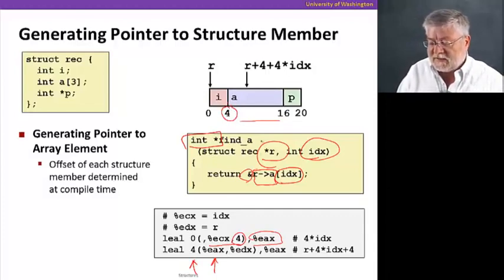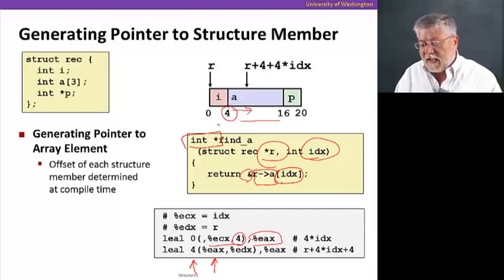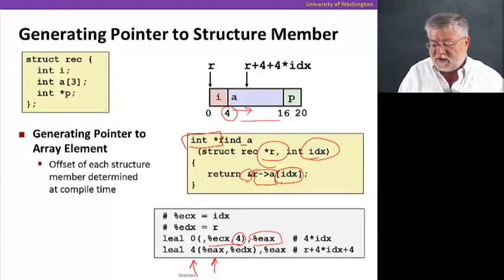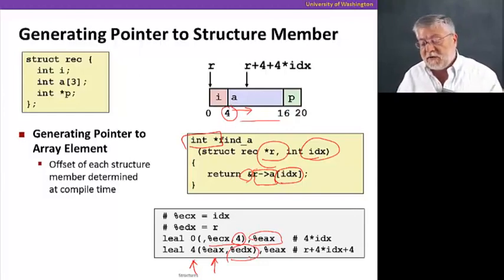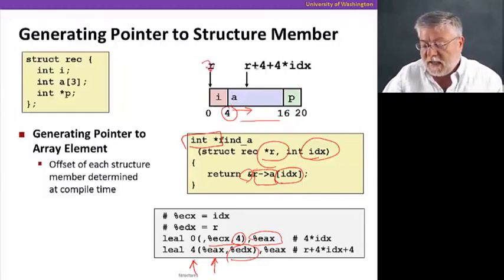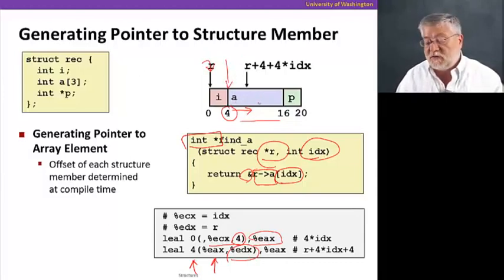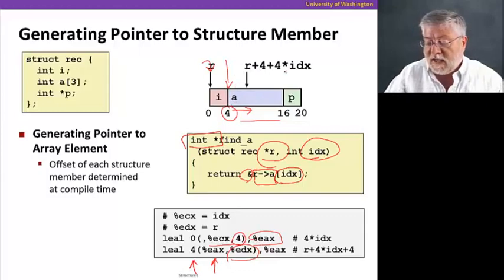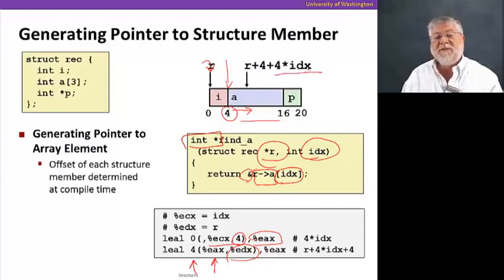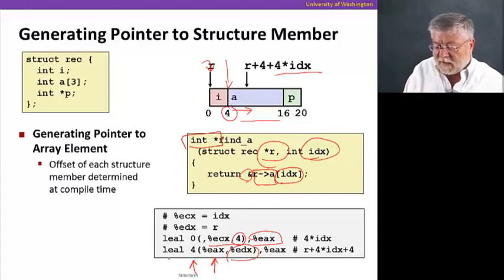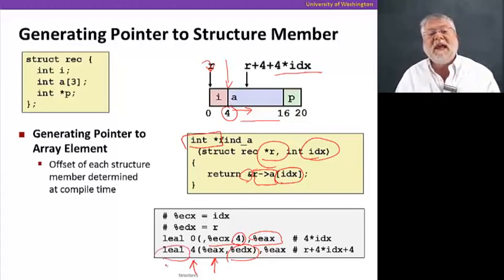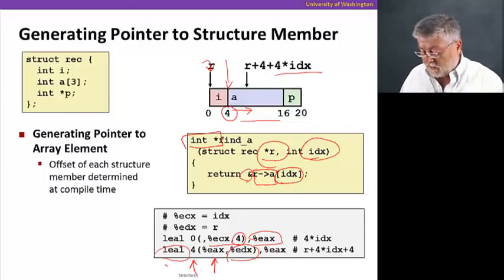Then, of course, EAX has the offset within the array, and the EDX is the starting address of the struct, that first parameter. We add all of those together, so we start from R, add on the 4 to get to the A portion of the struct, the array portion of the struct, and then we add on the 4 times the index to get to the right element inside the array. And since we're returning just the address, we can stop there after we've computed the address. We don't need to actually do a memory reference.